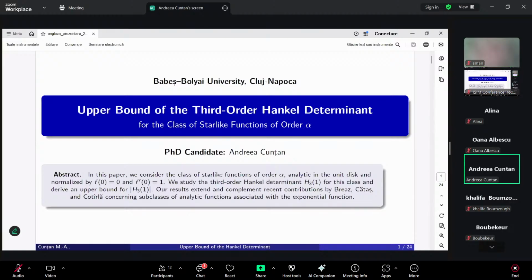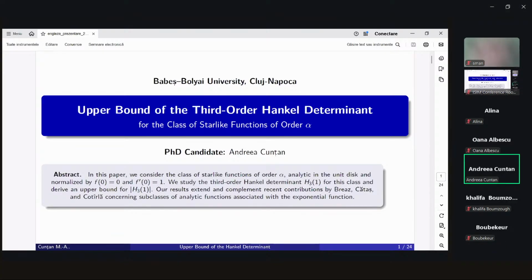The title of my presentation is Upper Bounds of the Third Order Hankel Determinants for the class of star-like functions of order alpha. In this paper, we consider the classes of star-like functions of order alpha analytic in the unit disk and normalized by f(0) = 0 and f'(0) = 1.